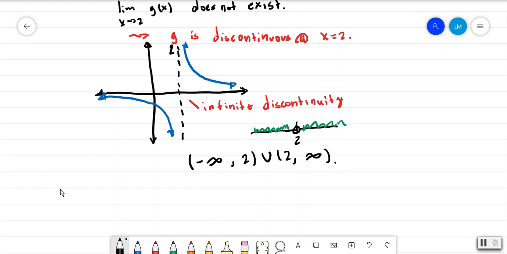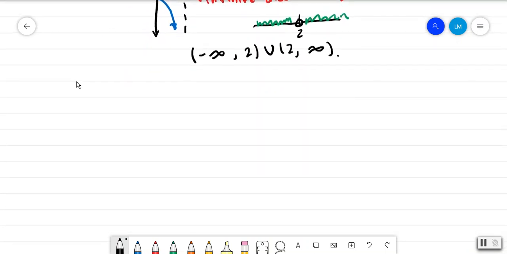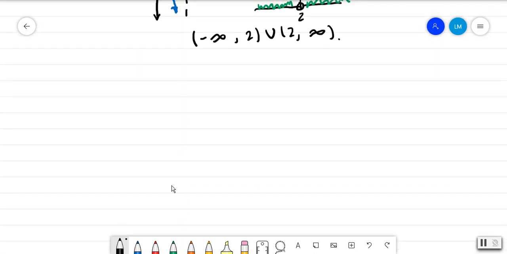Now, we can look at more examples, and we don't necessarily need the graphs for all of them. So, for instance, let's say that we were to look at a piecewise function. Let's say that we have a function that we just define as f of x.